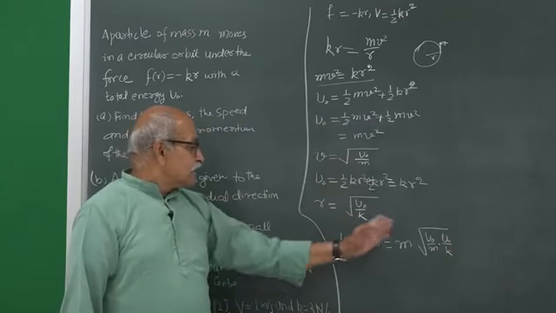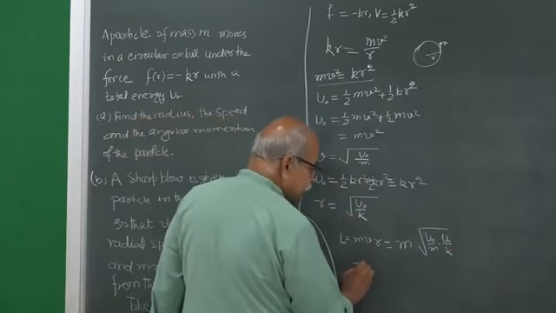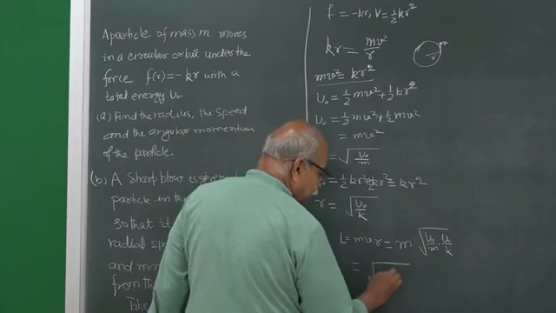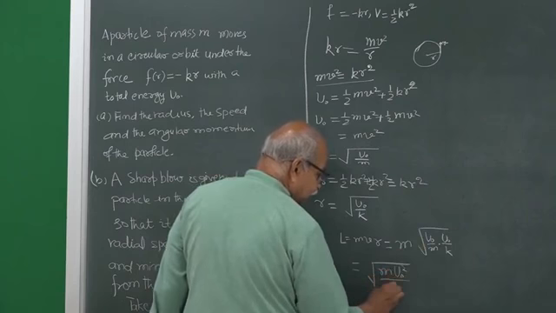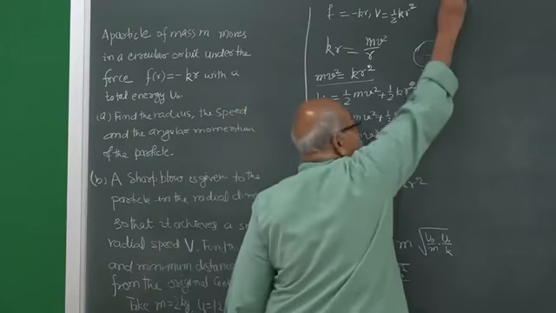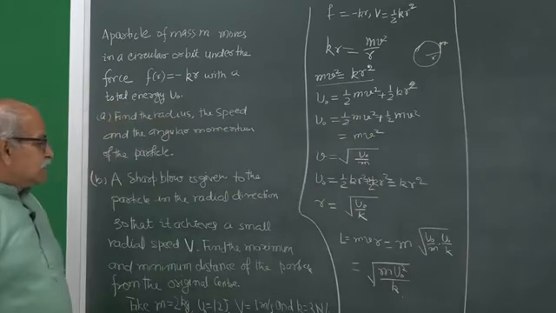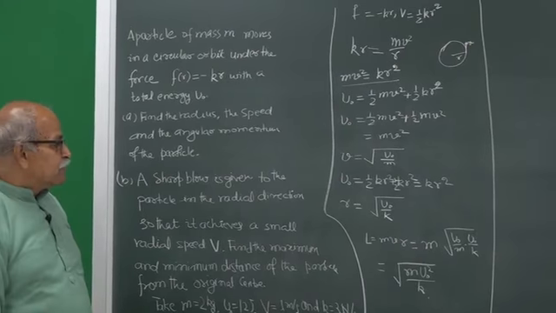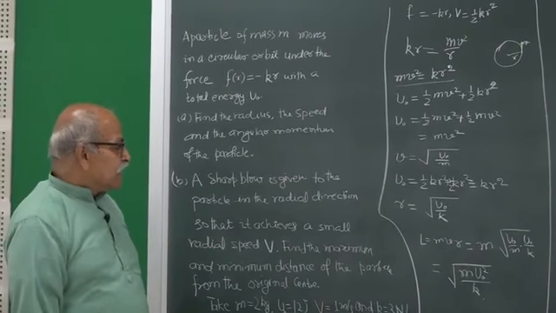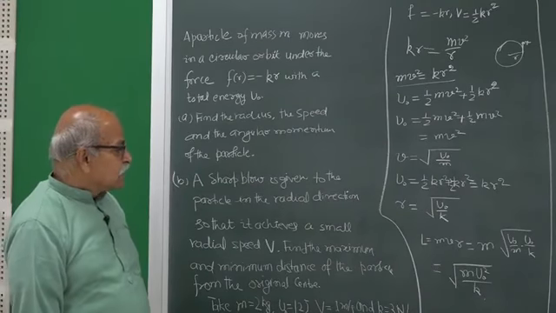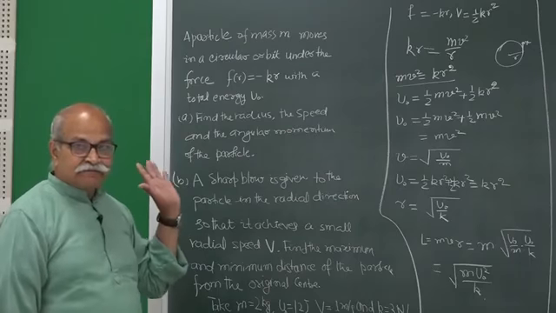So, this is v, this is r. That will be m times square root of u naught by m into square root of u naught by k. The m square goes inside, so m here, u naught square here and by k here. So, that is the first part. Mass into speed is square root of u naught by m and r is square root of u naught by k, and therefore it is under root m u naught square divided by k.